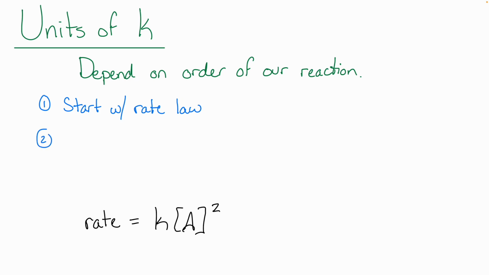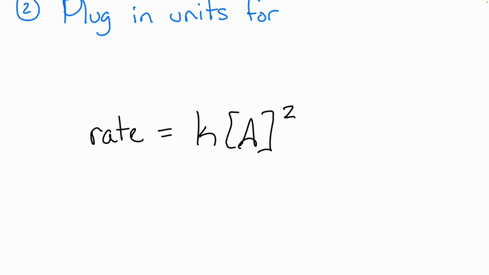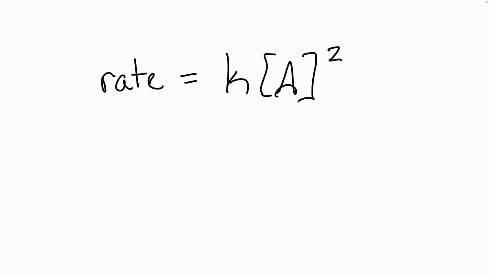All right, step 2, we're going to plug in the units of what we know in this equation here. So plug in our units. So let's think, which one of these variables do we know our units for? So concentration will be one of them.